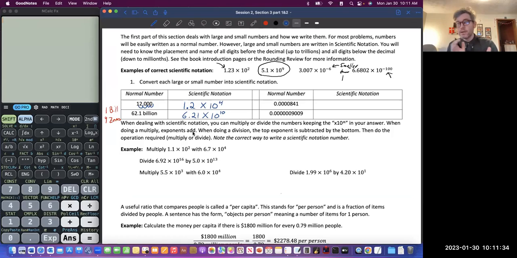This is tricky. This is something you'll see with millions and billions on the homework. It's always a trick. If it's like 62.1 billion, you get 9 zeros because of the billion, but we had to move it one more time because it's 6.21 and not 62.